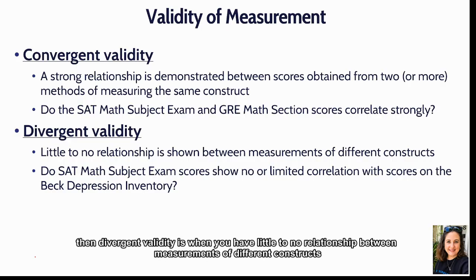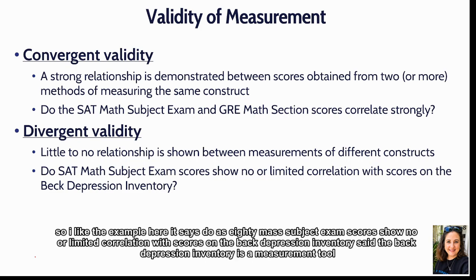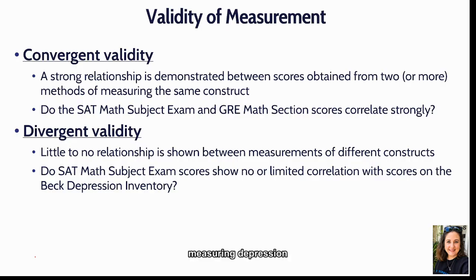Then divergent validity is when you have little to no relationship between measurements of different constructs. I like the example here. It says, do SAT math subject exam scores show no or limited correlation with scores on the Beck Depression Inventory? The Beck Depression Inventory is a measurement tool for measuring depression.